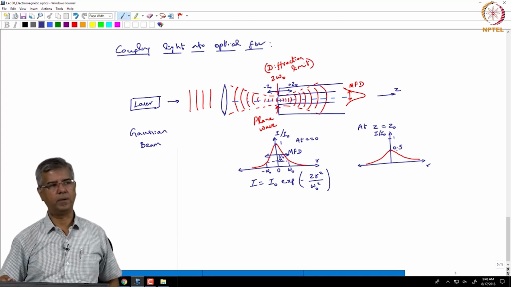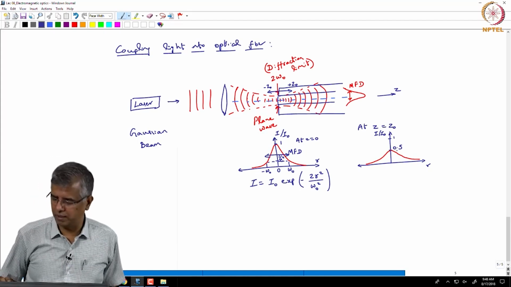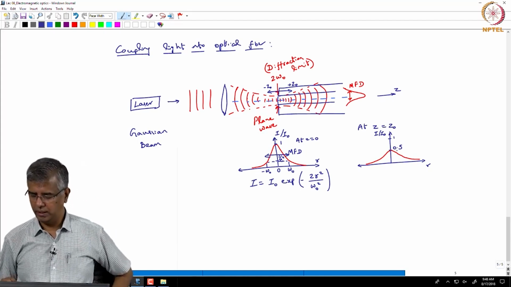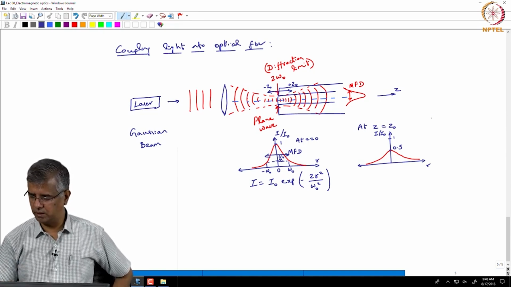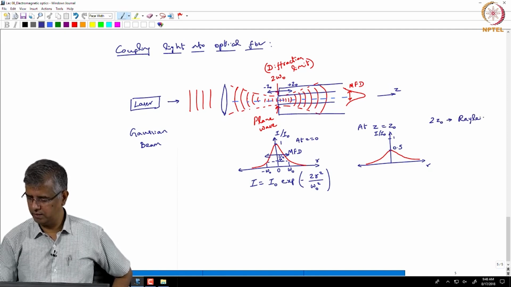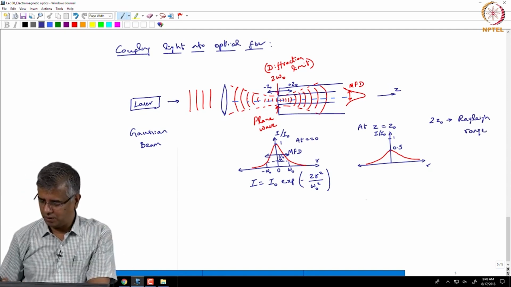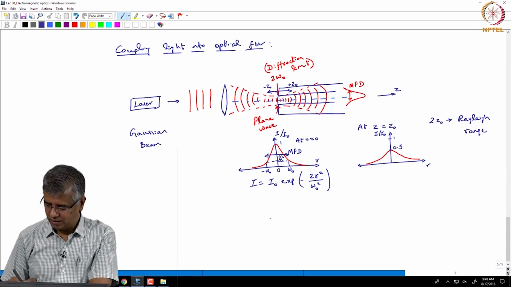The overall intensity comes down by a factor of 2. That is what is known as z naught, and 2 times z naught is what we call the Rayleigh range.